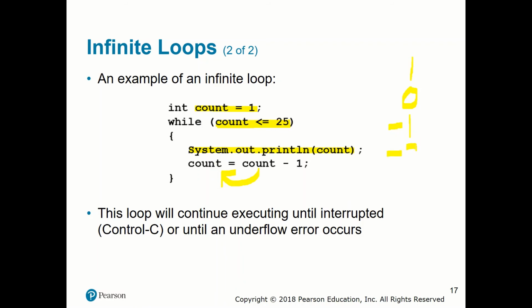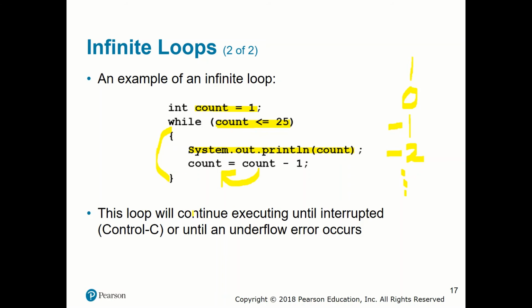Can you see the pattern here? Count decreases every time the while loop is executed. So count cannot be greater than 25. This loop ends when count is greater than 25, right? So this is an infinite loop.